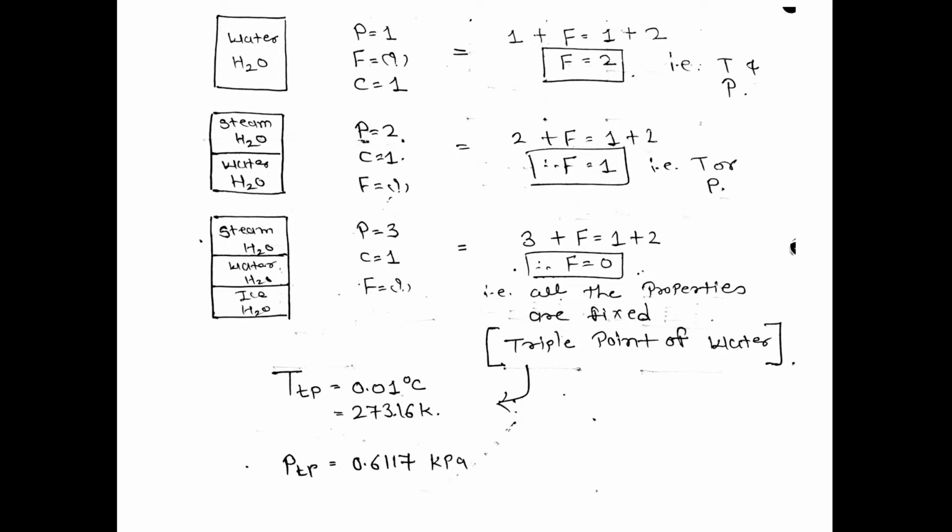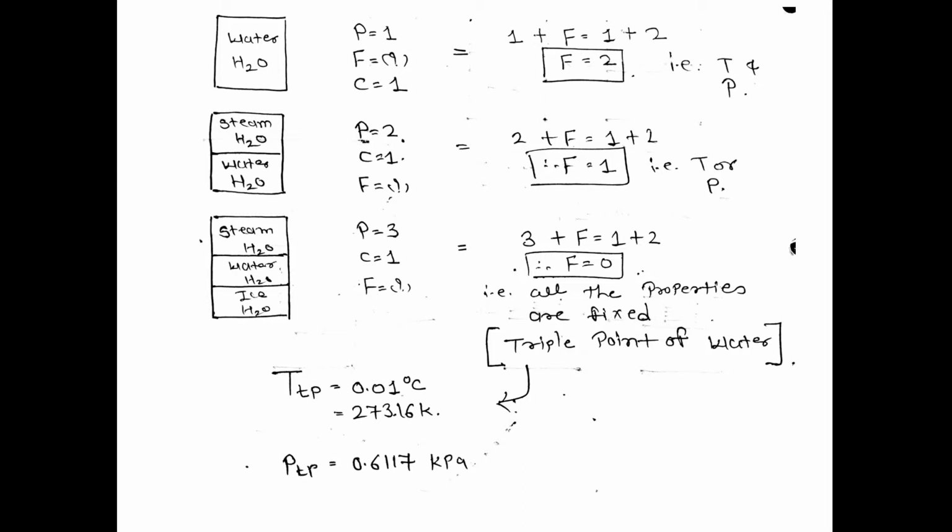In this case it is called the triple point of water, and at the triple point the temperature is 0.01 degrees centigrade, which is 273.16 Kelvin, and the pressure is 0.6117 kilopascal.